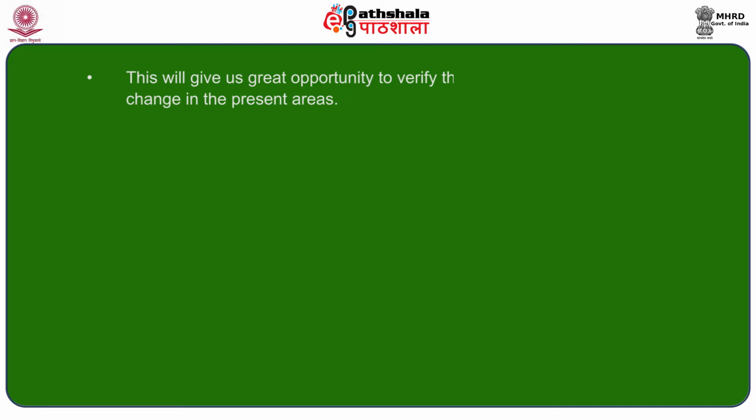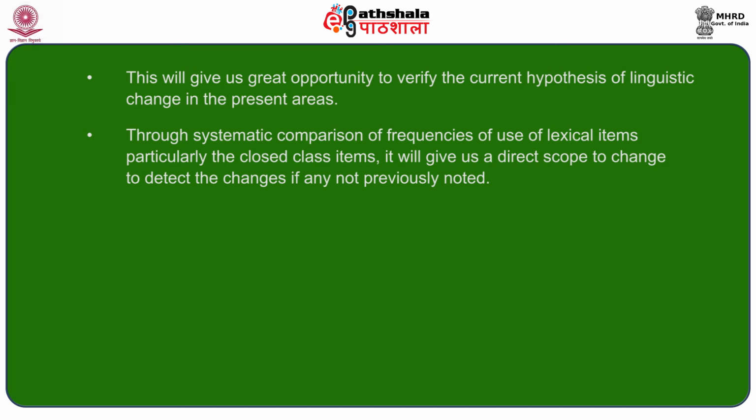So the basic arguments behind the formation of the FLOB corpus were something like that. This will give us a great opportunity to verify the current hypothesis of linguistic change in present English. Second, through systematic comparison of frequency of use of lexical items, particularly the closed class items, it will give us a direct scope to detect the changes, if any, not previously noted.